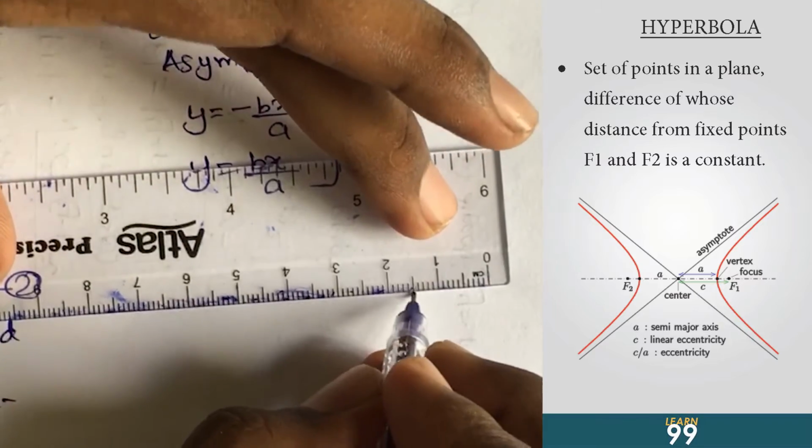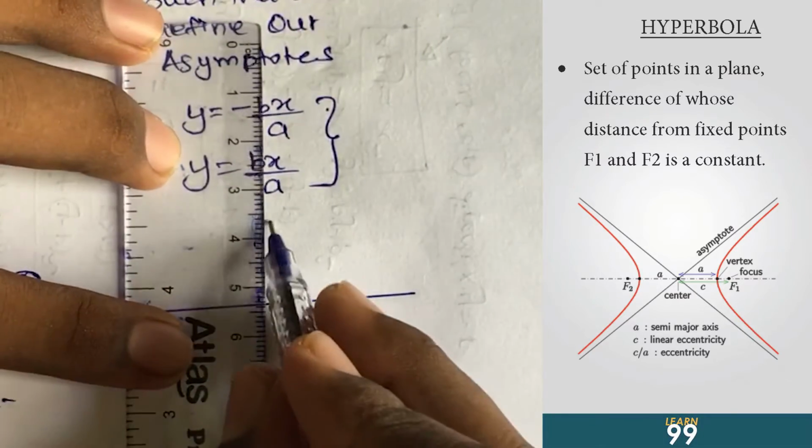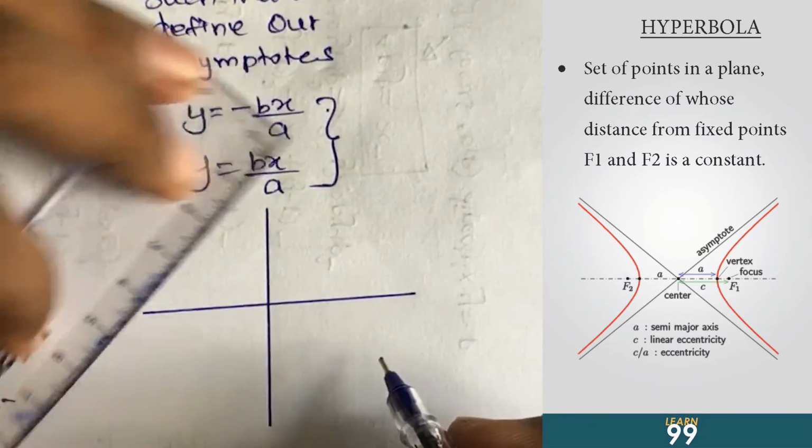Okay, so we can say these lines are our asymptotes.